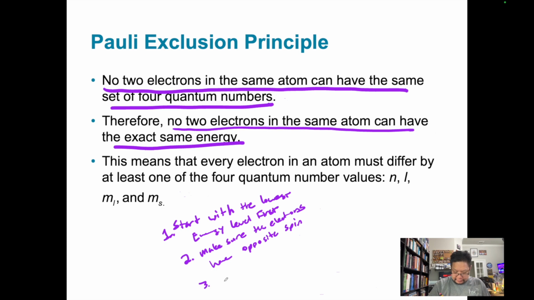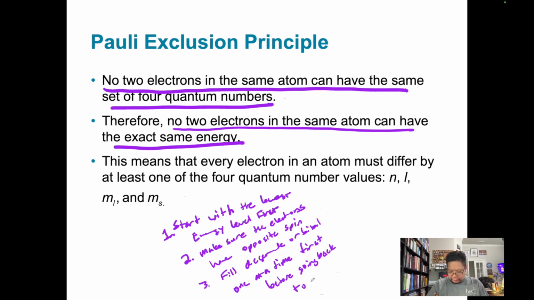And the third one is to fill degenerate orbitals one at a time first, before going back to fill a second electron.